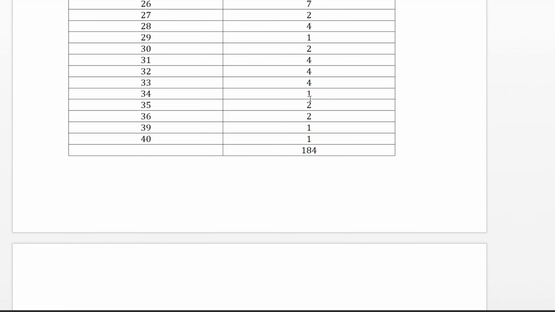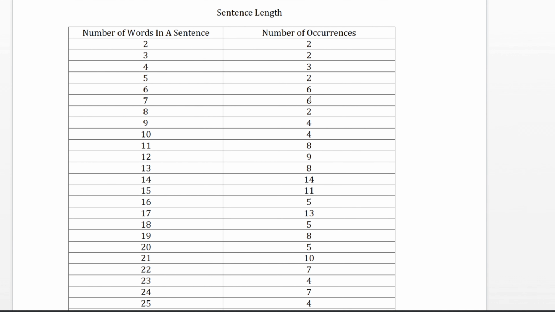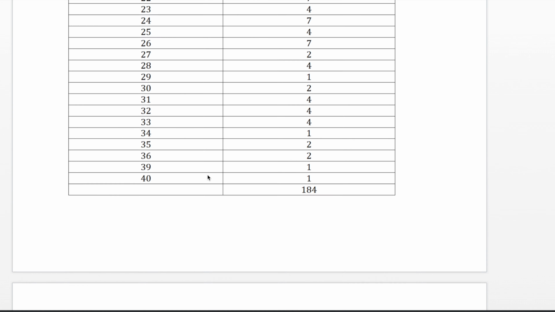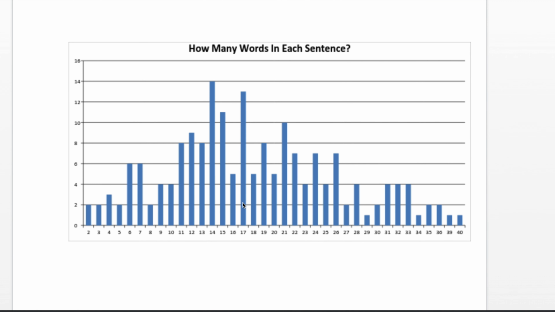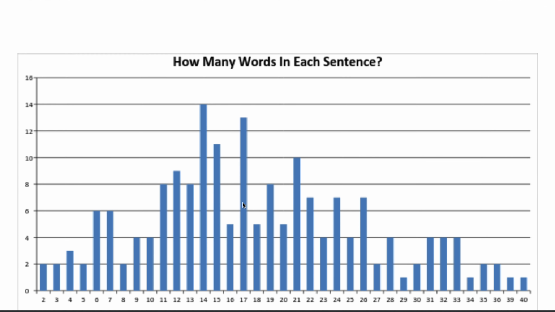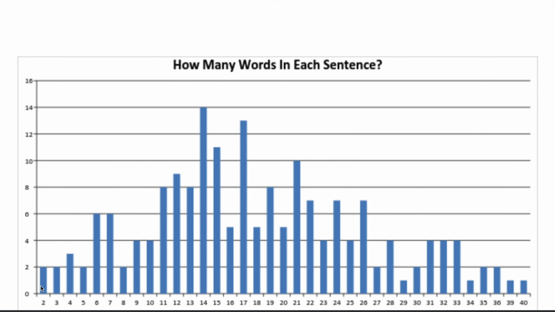Okay, it's not a very good lesson actually. I can't just tell you to write sentences and say, hey, keep it between 2 words and 40 words. That's not a really good lesson. So what I did is I turned this chart into a graph right here. This is a little bit of a better picture. Let me zoom in just a bit. These sentences down here that are 2 and 3 and 4 words long, they're pretty rare.